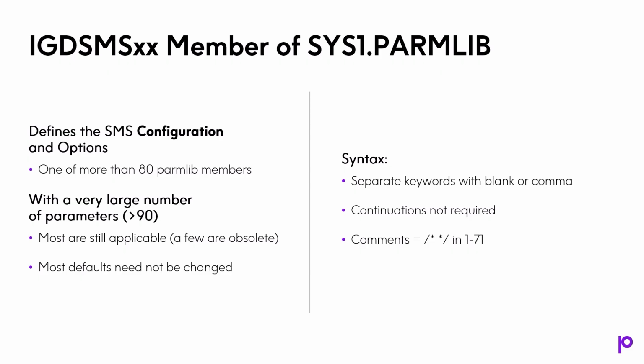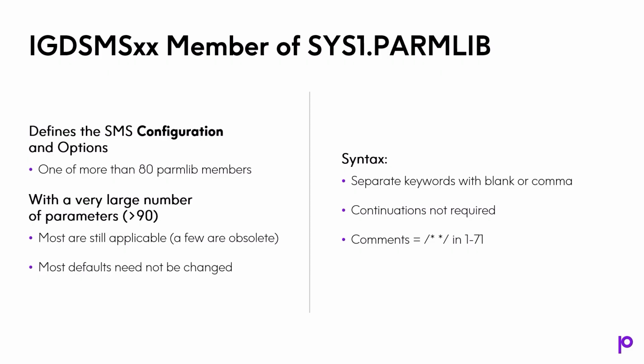And within SYS1.PARMLIB, there's a very large number of parameters that affect SMS. Most of them are still applicable, although SMS having been around since 1989, a few of them are obsolete. Mostly, you don't need to change the defaults, although there are some that you should probably consider changing.